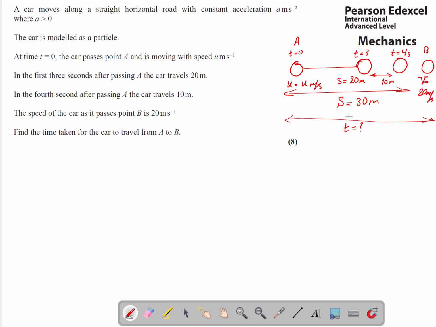After that, I can find acceleration and initial velocity. Then I can use a equals v minus u divided by t, and find t since I have the final velocity. Let's do it step by step.